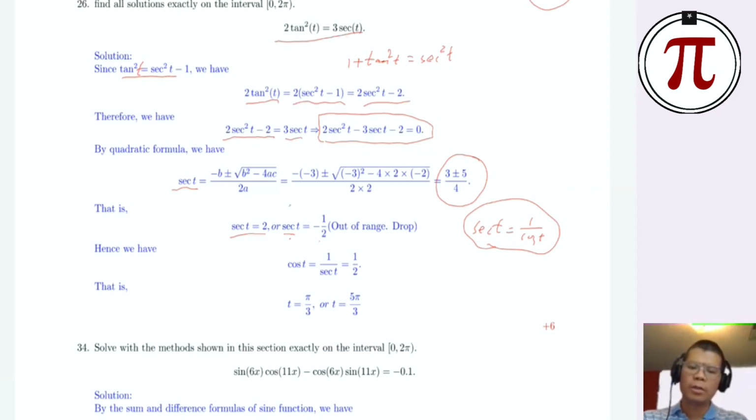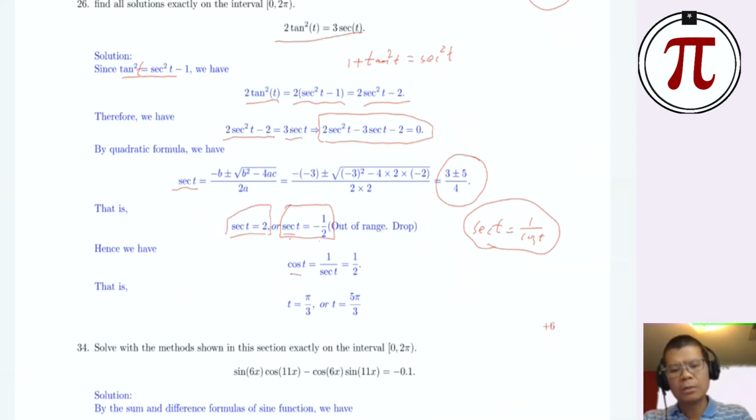So this one is out of range. We drop it, because the range of secant t is 1 through infinity or negative infinity to negative 1. So we cannot have that. All right, so we only can take this one.